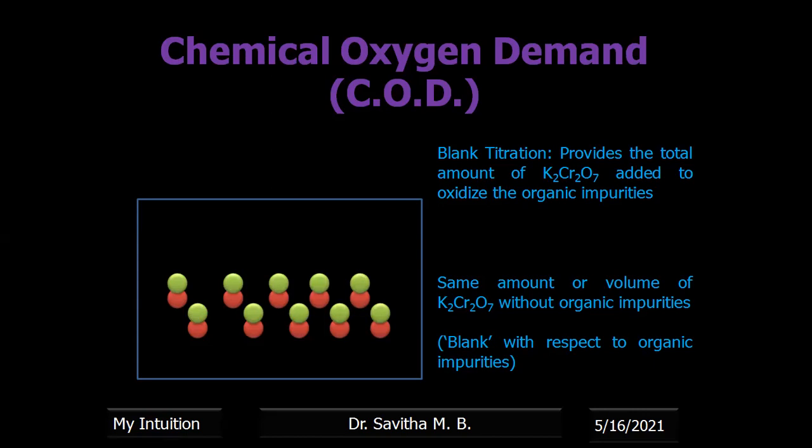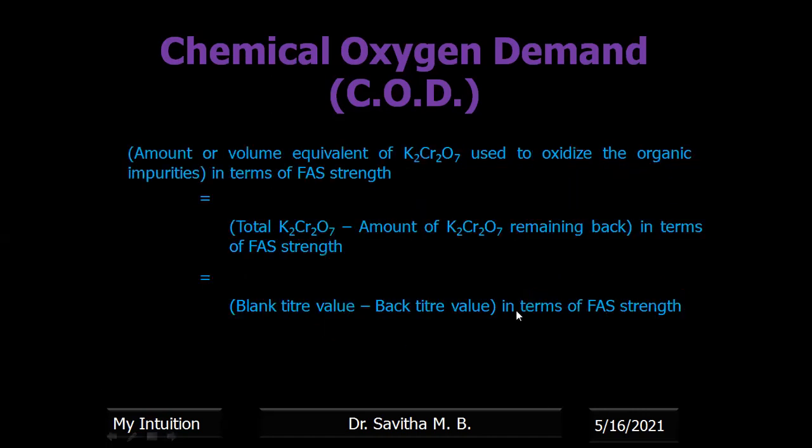Therefore, blank minus back will give you how much potassium dichromate is consumed by the organic matter. Blank gives you how much potassium dichromate you have actually added. Back gives you how much is remaining after the reaction. Therefore, blank minus back will give you how much is consumed by the organic matter.